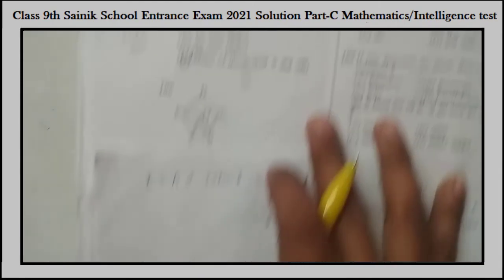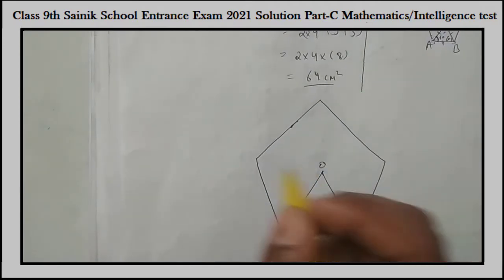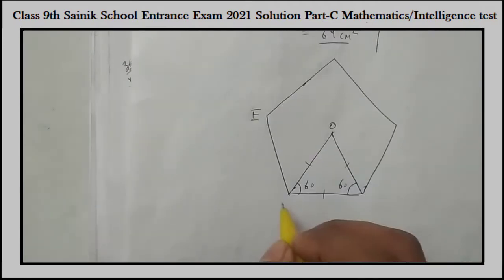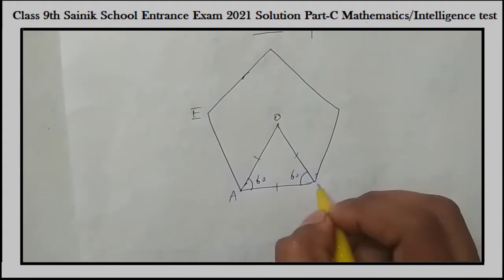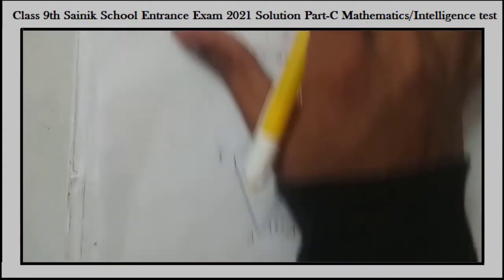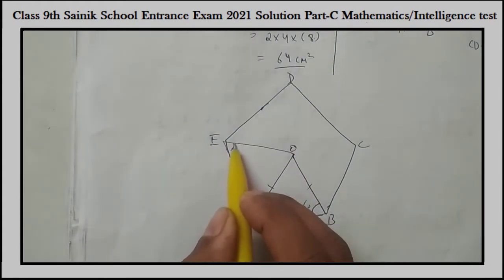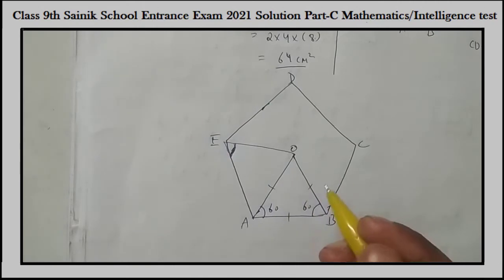What is given? What is he asking? He is asking angle OEA, and this is B, this is C, this is D. He is asking what is the value of angle OEA, this one. How can we find?